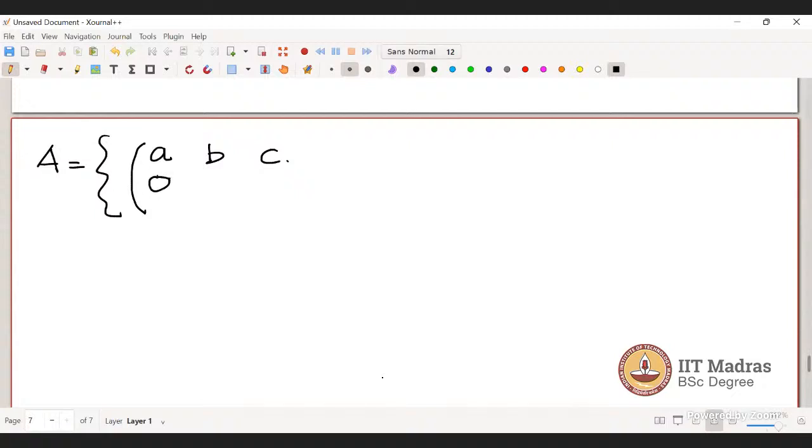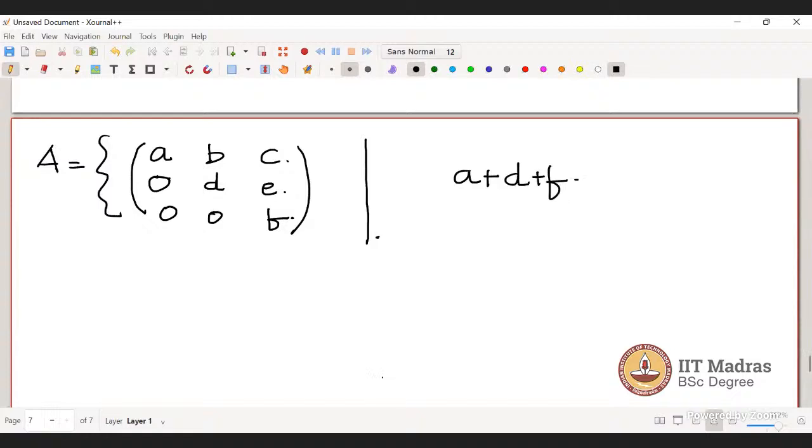A, B, C, D, E, then 0, 0, F. And with an extra condition that the sum of the diagonal is 0. That means A plus D plus F equals 0. So this relation is given, right? Correct. This is given.